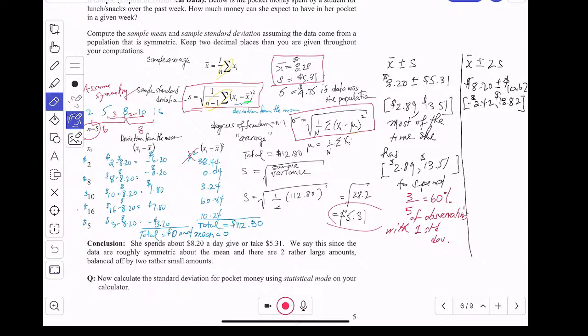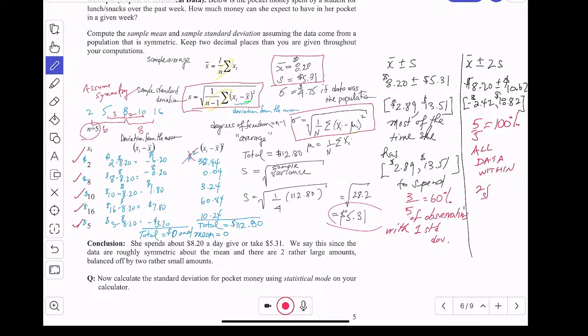So you see now, by the way we use the standard deviation, we want it to be able to represent a lot of the data, and in this case, all the data is within 2 standard deviations.